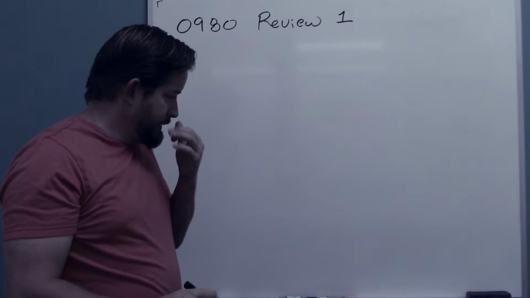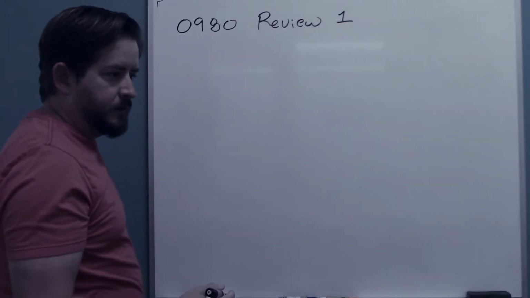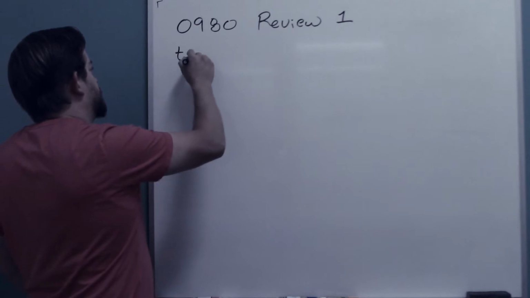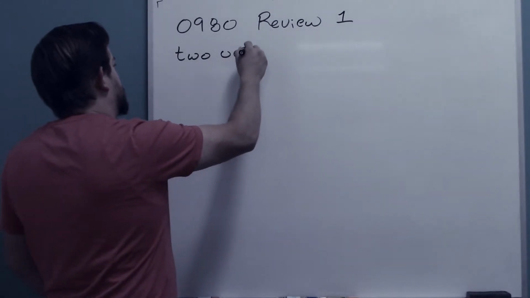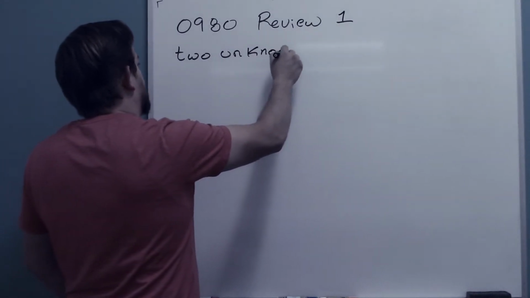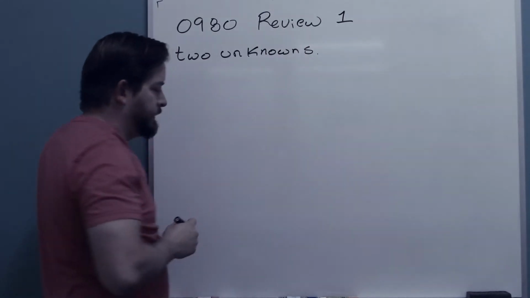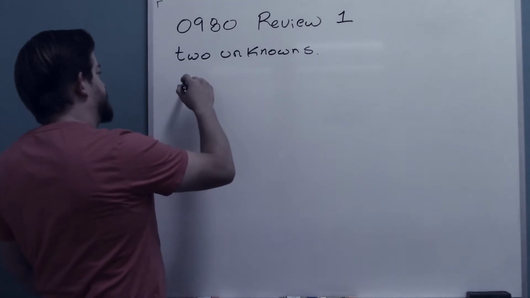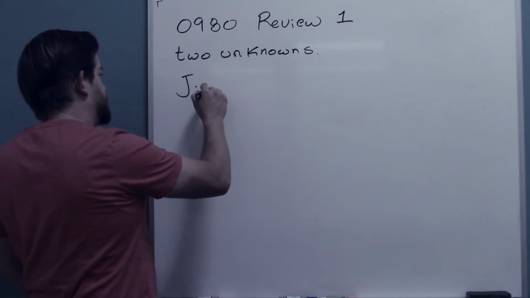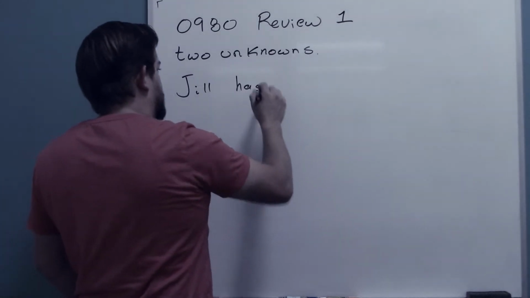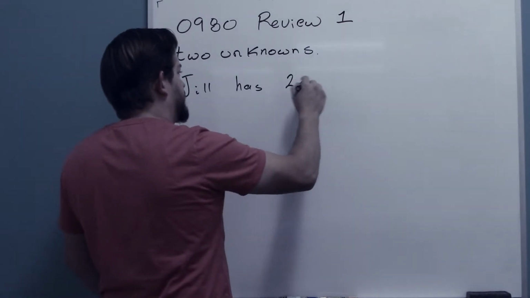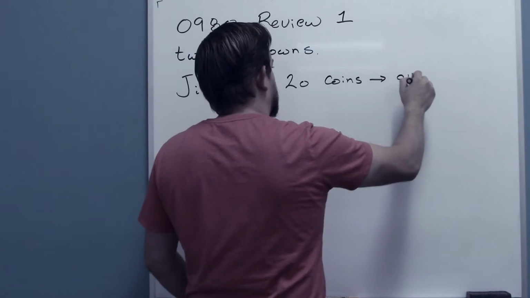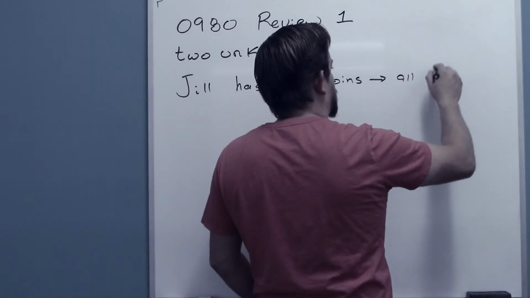The first one that I saw was about problems with two unknowns. Okay. So, for example, let's say Jill has 20 coins in her pocket, and they are all dimes or quarters.